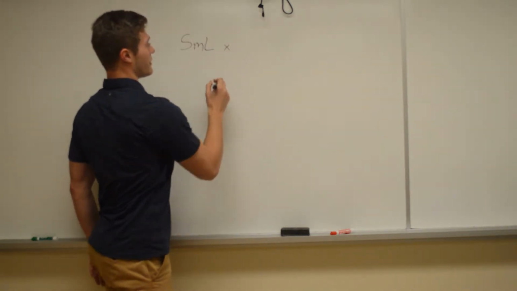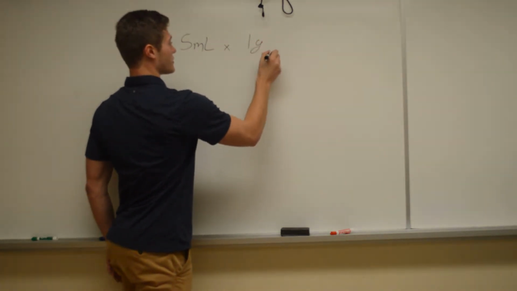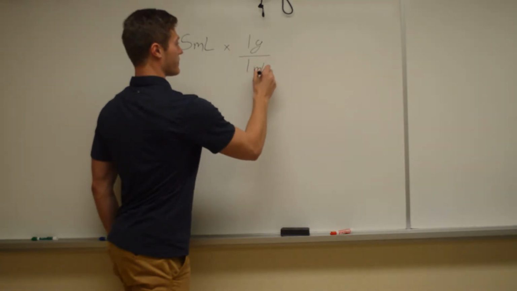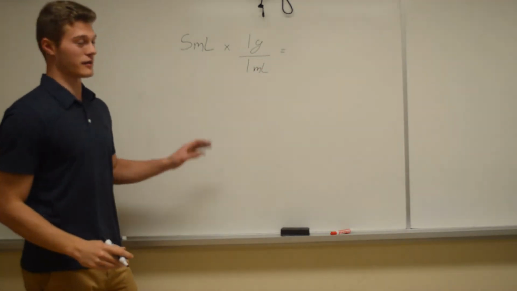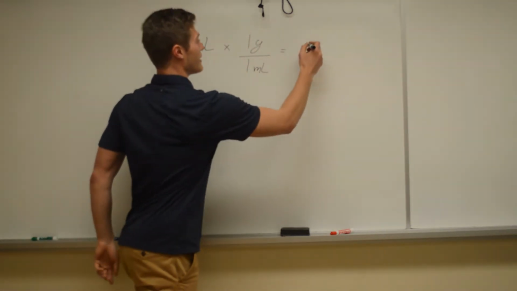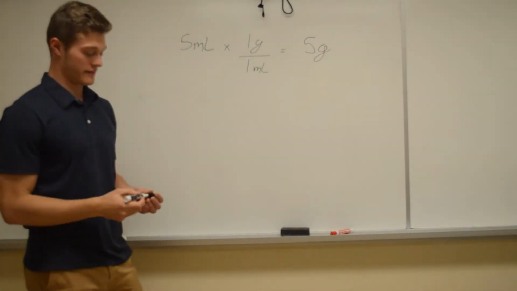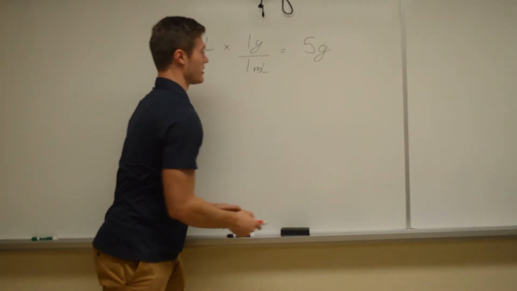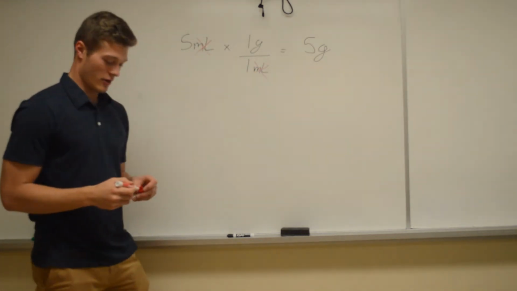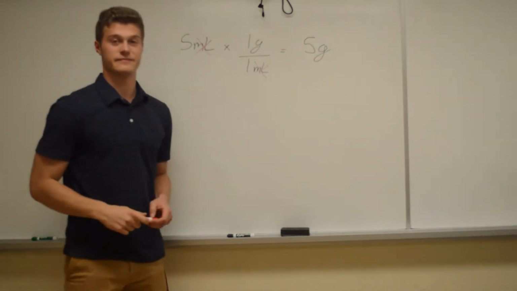You know that for every 1 gram of water, that's going to equate to 1 milliliter of volume. So once you've done this out, you have 5 mils times 1 over 1, which is simply 5. So you'll have 5 grams of water. Again, canceling your units always helps, so you know that the conversion factor worked and you went from one family of units to the next.